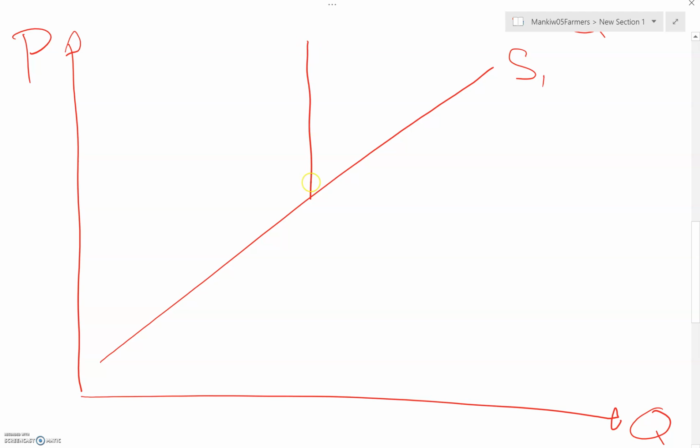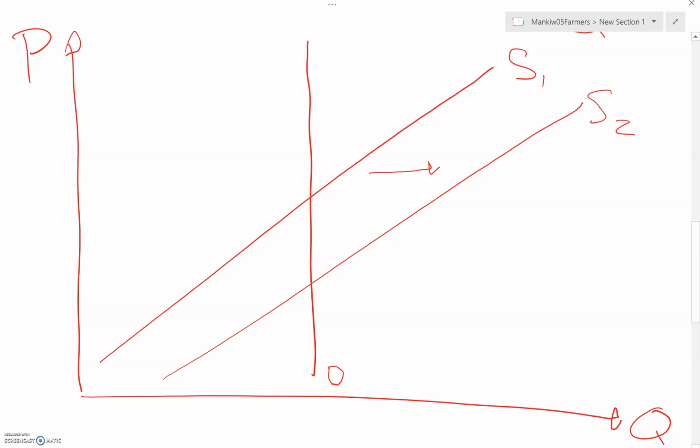So we essentially have a vertical demand curve. Okay, so this is the situation before the technology is implemented, and then suppliers get this better technology, and so the market supply curve is going to shift to the right.